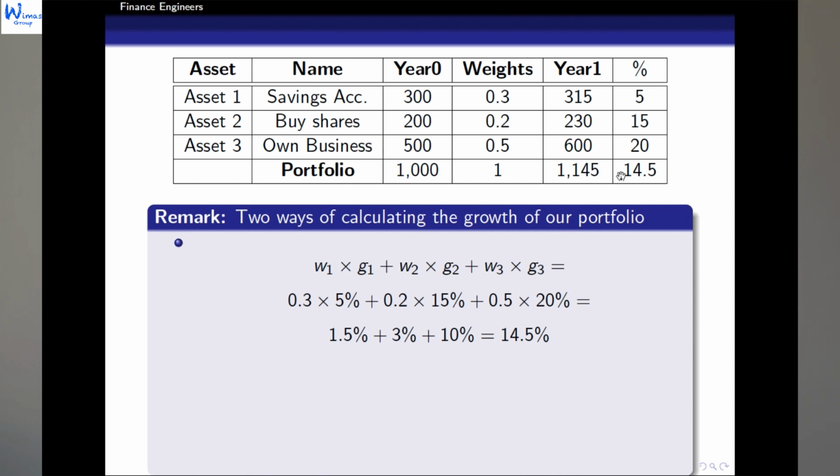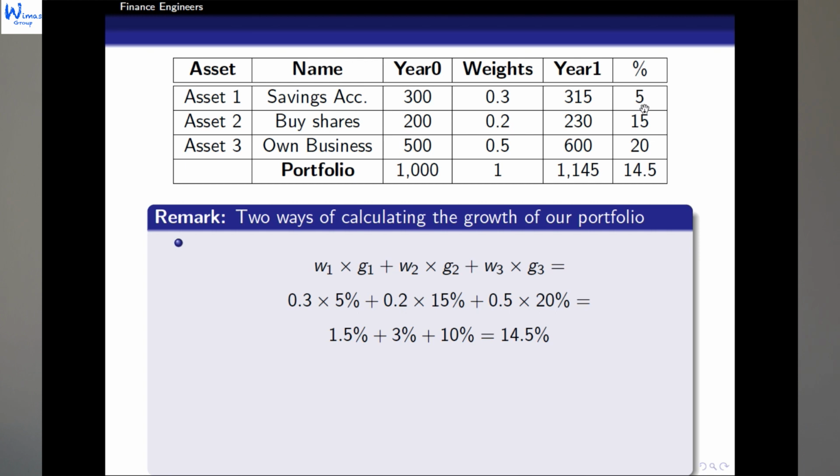There is a remark I wanted to point out for the portfolio, where we compute the percentage, this 14.5. We have 2 ways of computing this one. Either we can take the initial weights, 0.3, 0.2, and 0.5, and multiply them by their corresponding percentages after 1 year, and then make the sum.